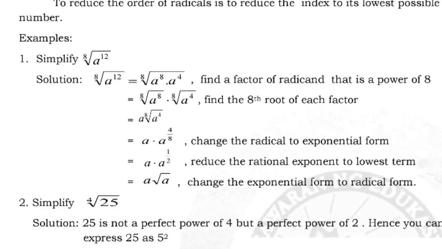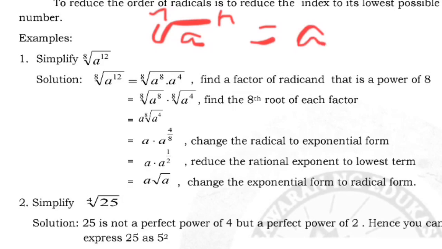Example number 1, simplify the 8th root of a to the power of 12. In here, our aim is to apply the nth root of a to the power of n equals a. So we're going to make the index and the exponent of the radicand the same. a to the power of 12, we can express as a to the power of 8 times a to the power of 4.